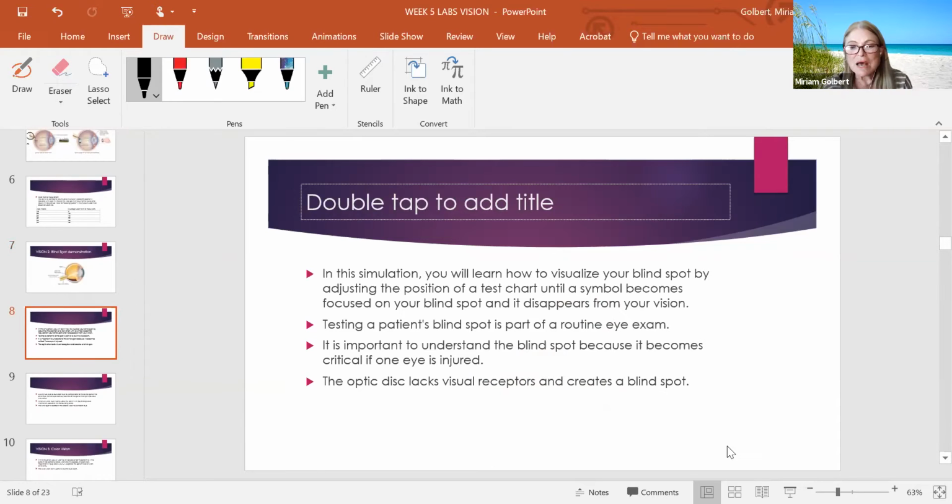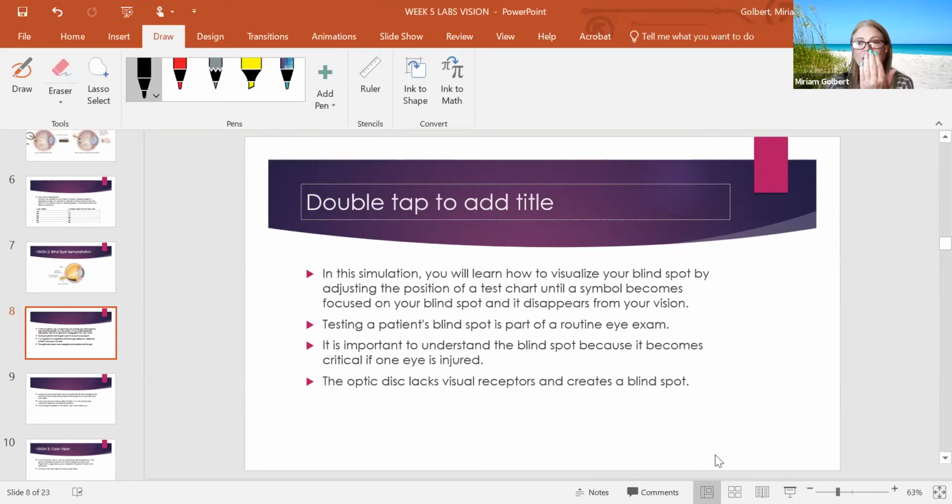So in this simulation, you're going to see that the patient is going to cover one eye, and we're going to try to find or visualize the blind spot with a chart that is going to be at a normal distance. And then that chart is going to start getting closer to the patient.